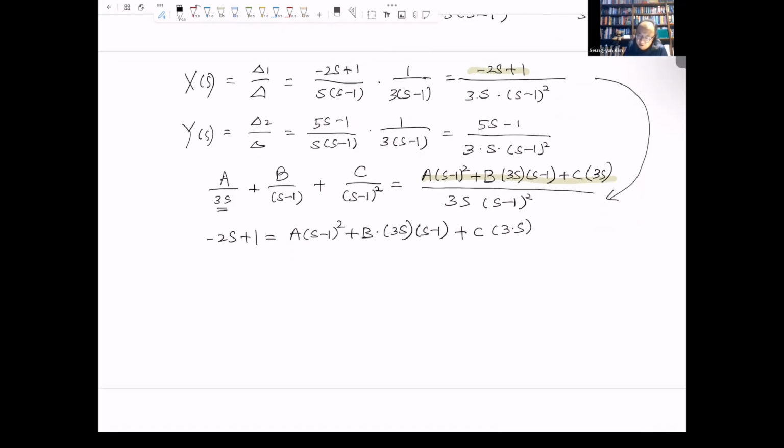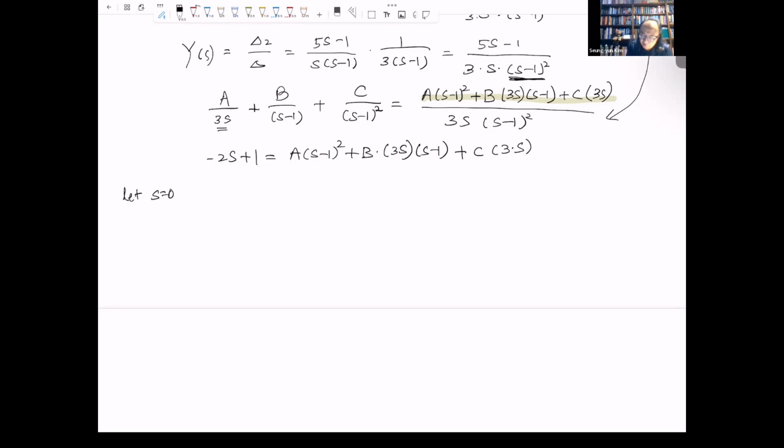Or I'm going to just let s equal 0. Then the left-hand side, negative 2 times 0 is 0, so 1 equals A times negative 1 squared. And this one will give us 0, and this one will give us 0. So from here, we have A equals 1. And it is easier and faster than expanding everything and comparing the coefficients.